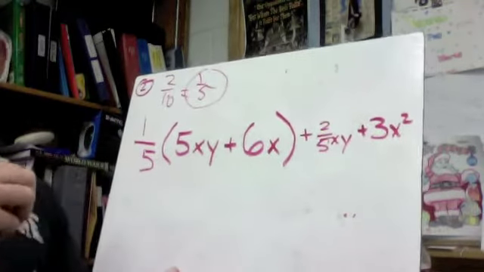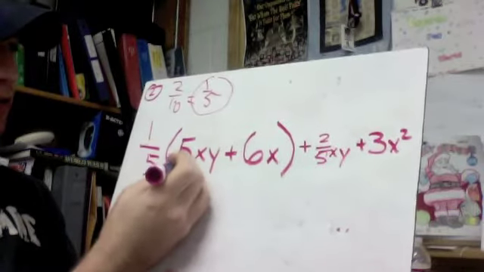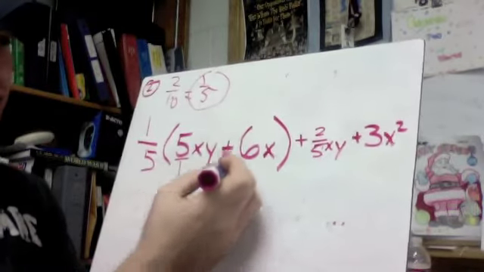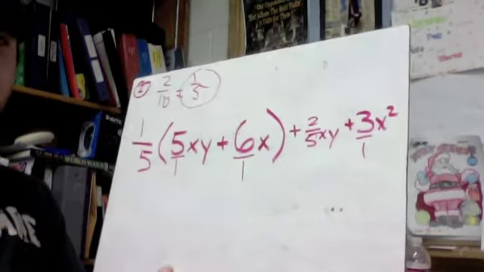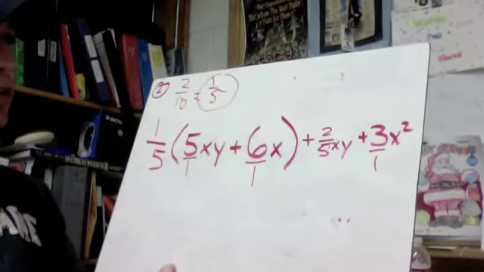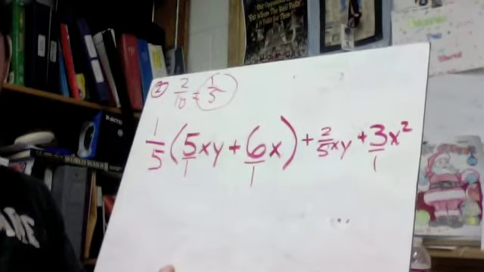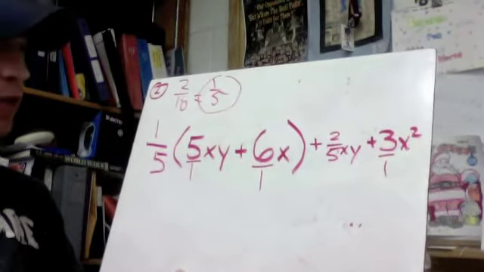Okay. Now, I would just change this to, how about 5 over 1, how about 6 over 1, and then 3 over 1. And then, I don't know, we probably could just make the denominators all the same and make them all 5. I think that would probably be another good way to go forward here.